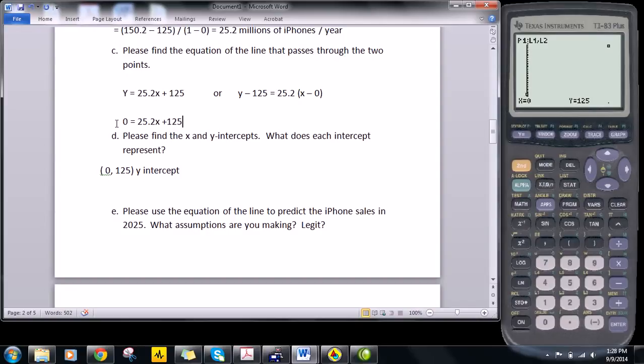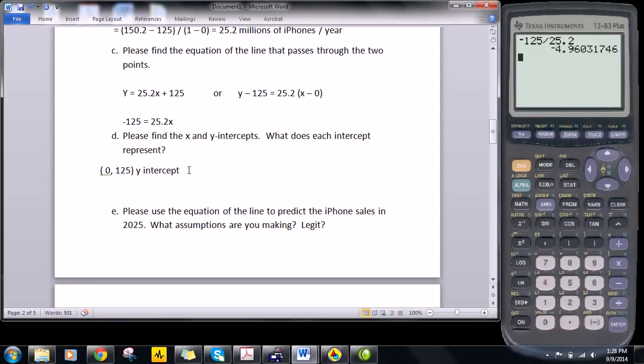I'm going to subtract 125, so negative 125 pops up on this side. And then I'm going to divide by 25.2. So negative 125 divided by 25.2 is negative 4.96.